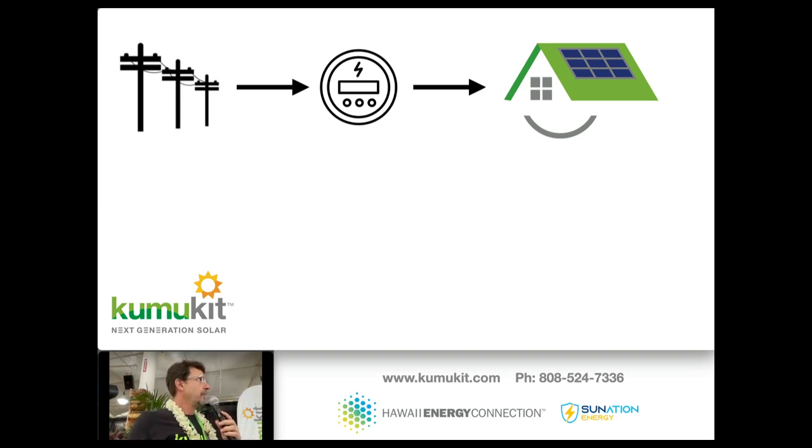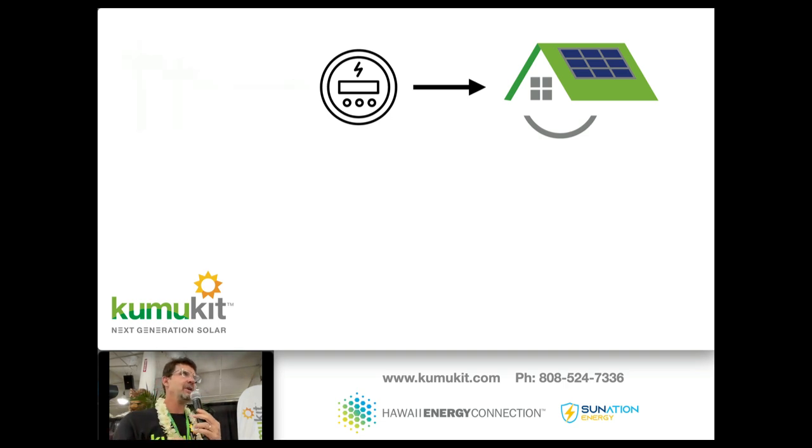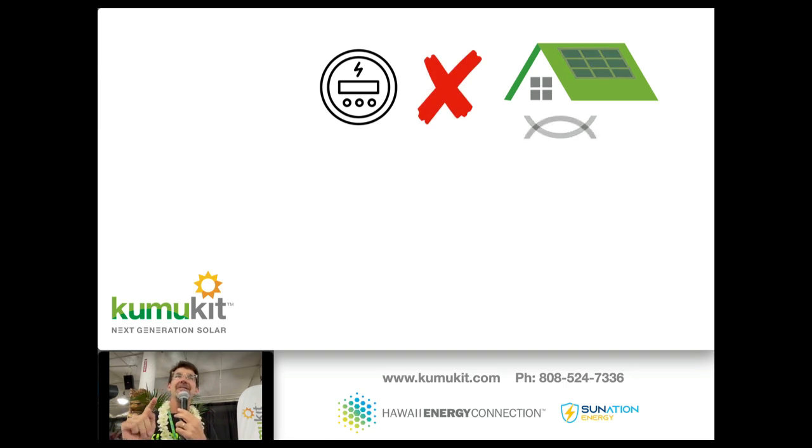So let's say something happened and the utility was not there. Some sort of event happened and there was a power outage. You've lost power. And in fact, the solar panels on your roof, even on a bright sunny day, are also not making electricity. A lot of people think that they turn on, they don't. Everything's dark.